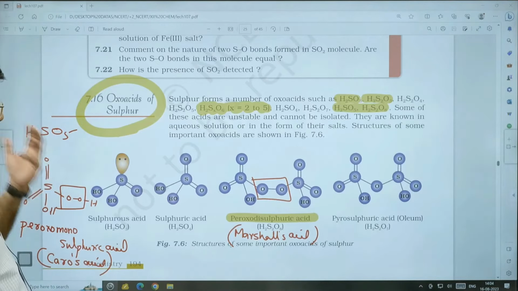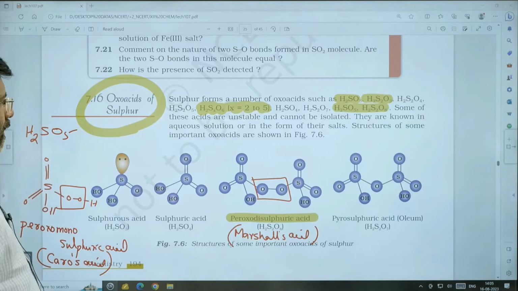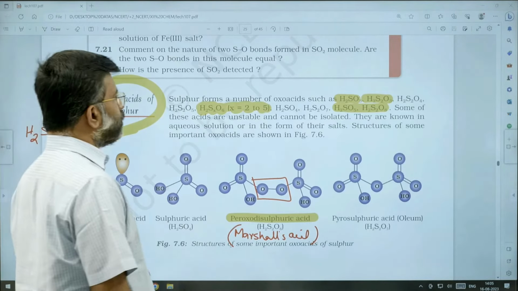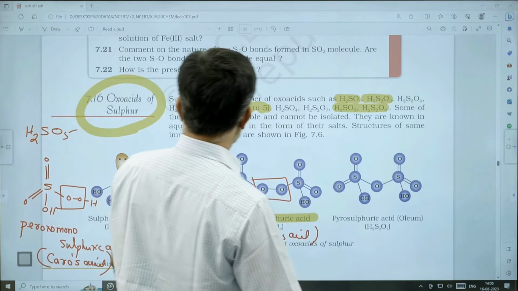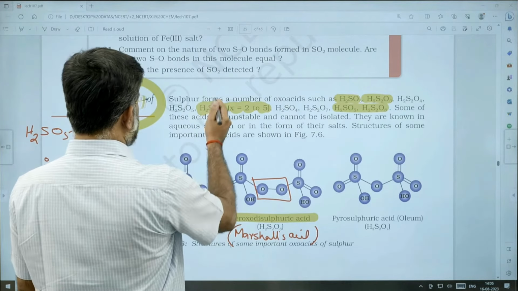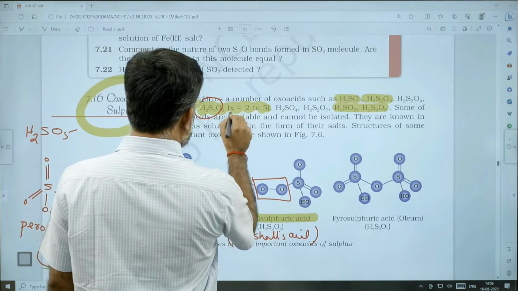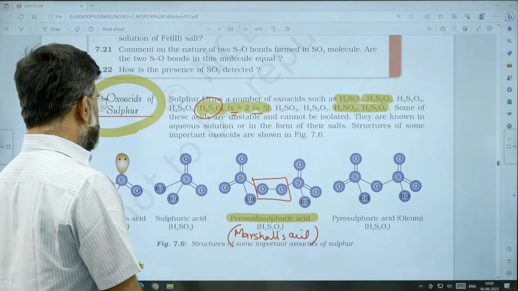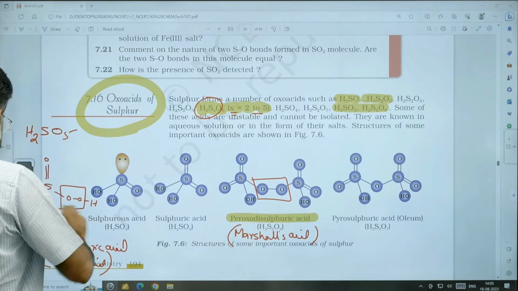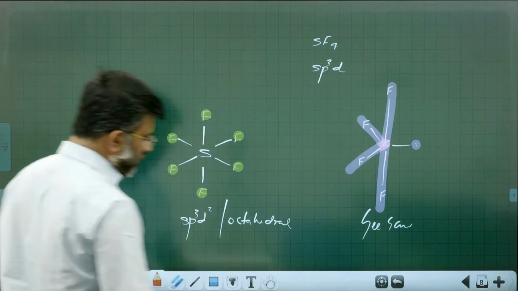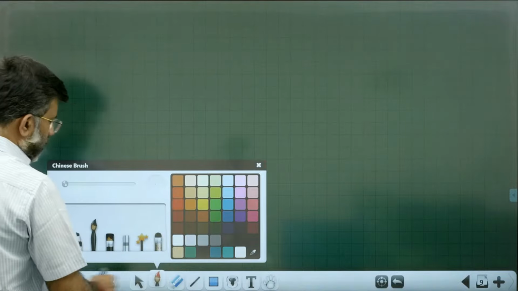Similarly, you must try drawing as many examples as possible. For example, let us try H2S4O6, taking x equal to 4. How can the structure be drawn? It is a simple, logical idea to try the structures.